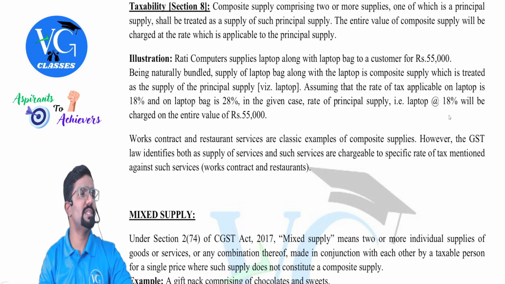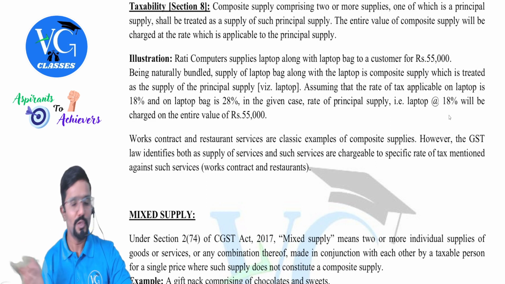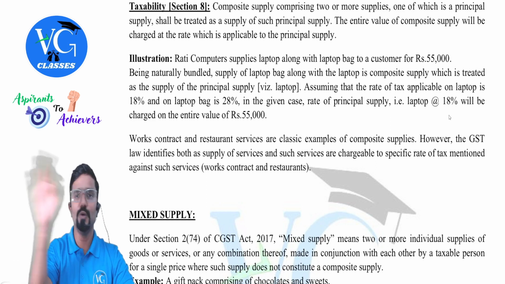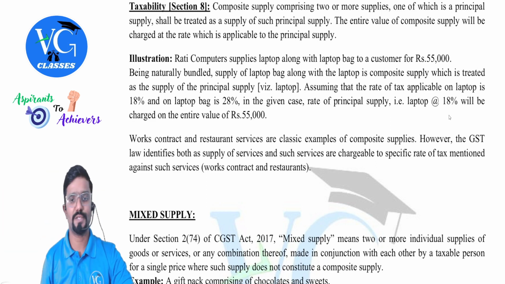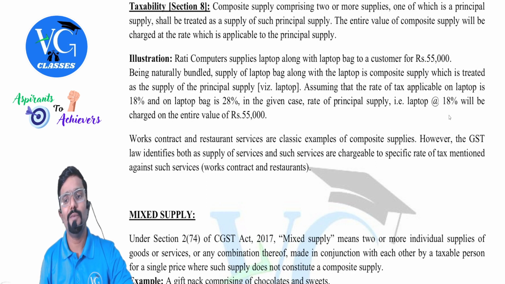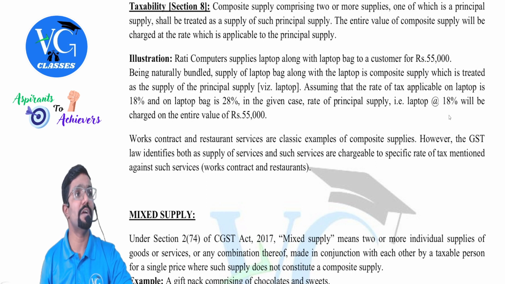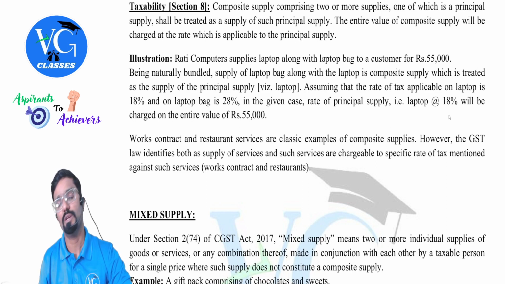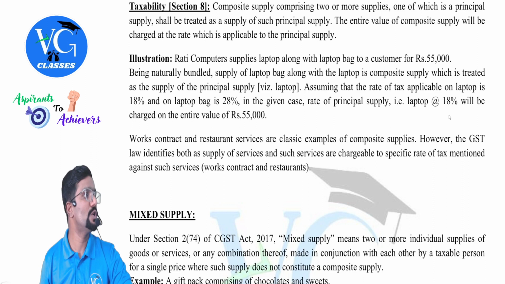But now under GST, they have clearly clarified that even though goods are involved, it is purely a supply of service. The GST law identifies both as supply of services, and such services are chargeable to the specific rate of tax mentioned against such services, works contract and restaurant services, guys, which we already covered in Schedule 2.